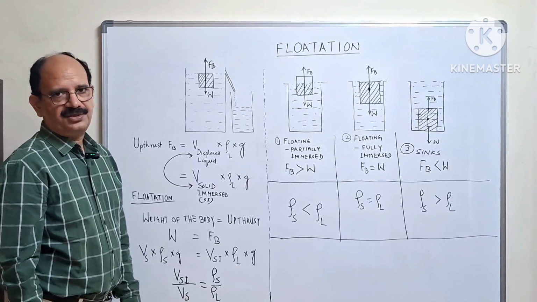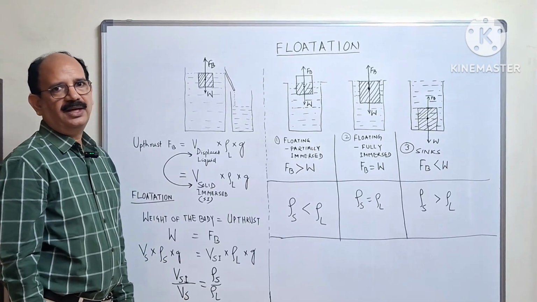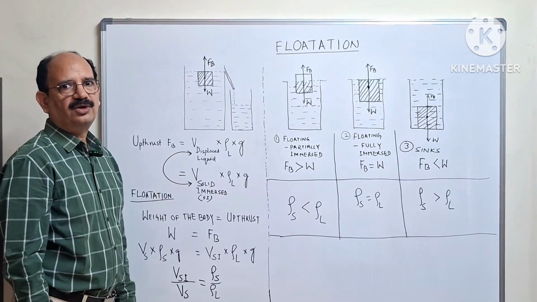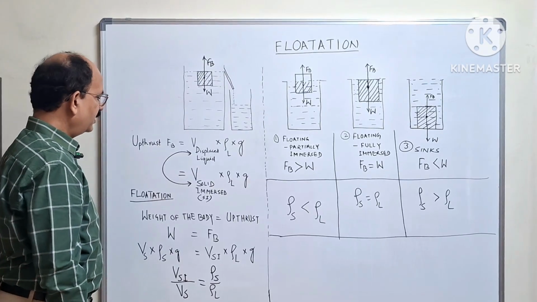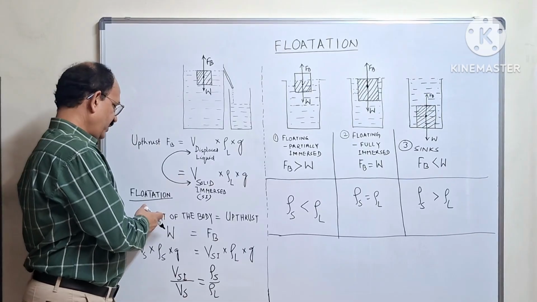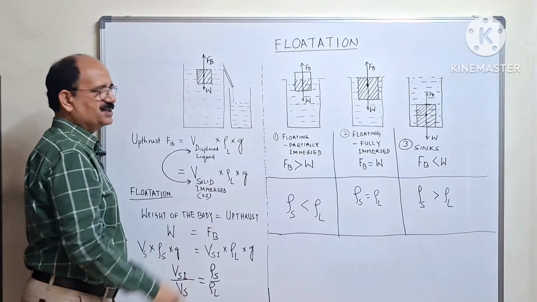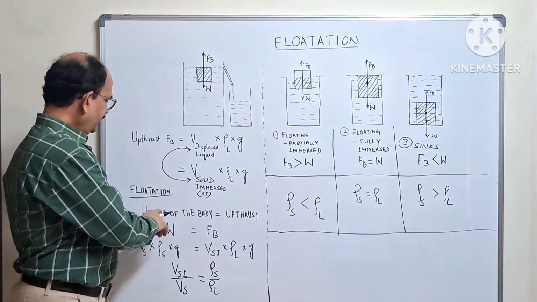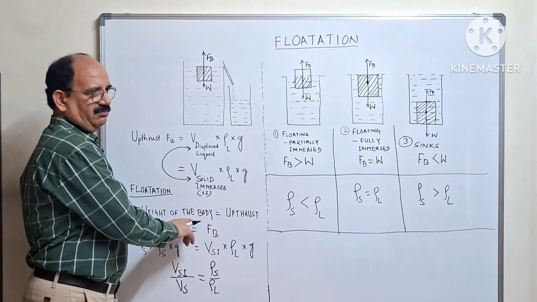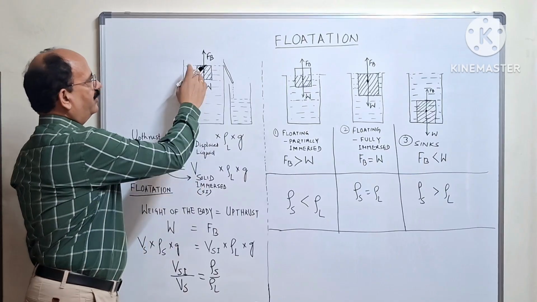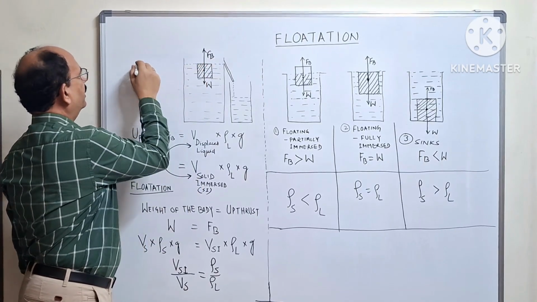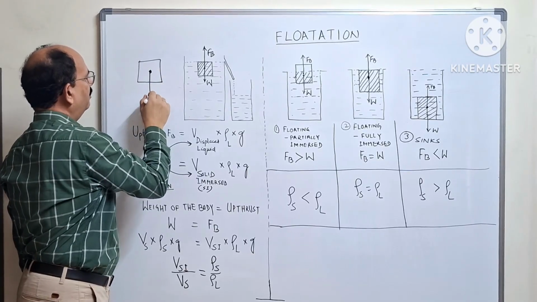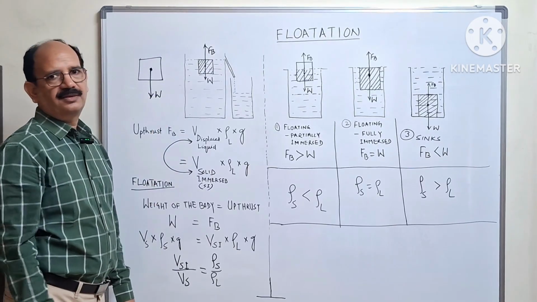Now, the principle of flotation, where an object floats and in what scenario the object will sink, that is decided by this principle, which we also call Archimedes principle. The weight of the body, even if this body you take in the air, earth will pull it down, so there will be weight working on that, right?